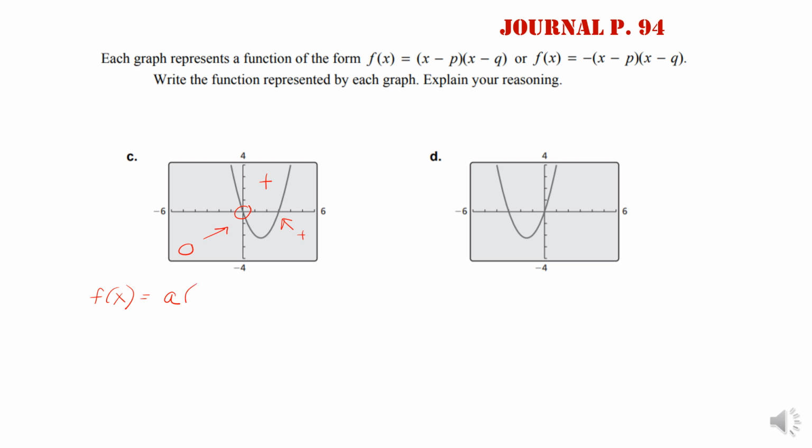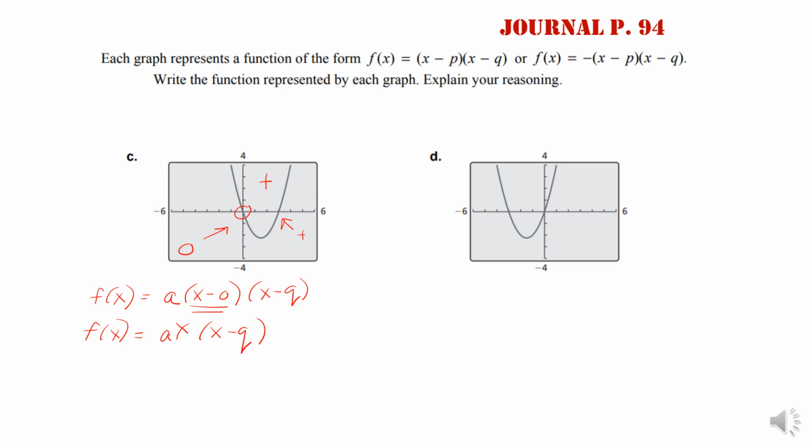Then the next one would be x minus 0 and then x minus q. And so this one could be simplified to a, and just x, and then x minus q. So we don't need to write this whole thing here, just to know the basic form.